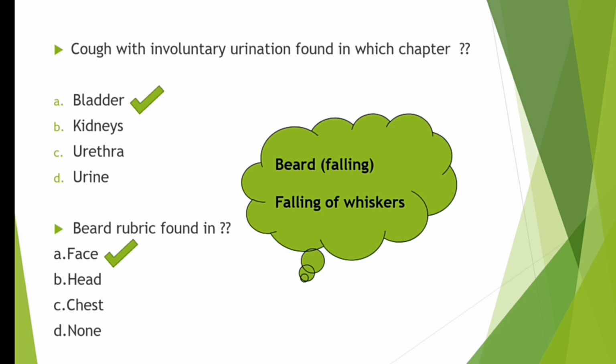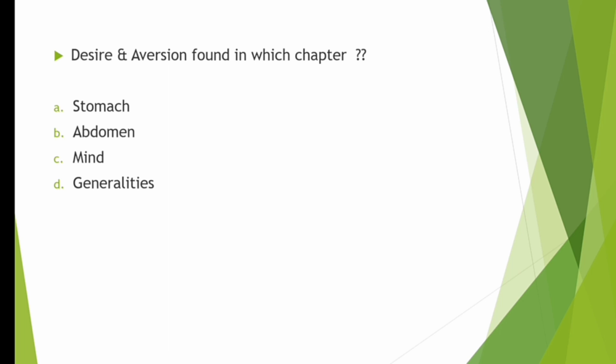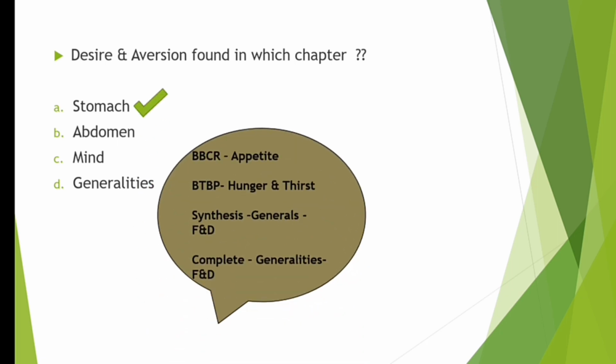Then desire and aversion related rubrics found in which chapter? In Kent's Repertory, the stomach chapter. In BBCR, the appetite chapter. In BTBB, hunger and thirst. Then in Synthesis, generals, we can see the food and drinks rubric.